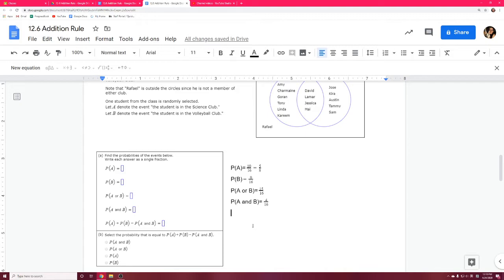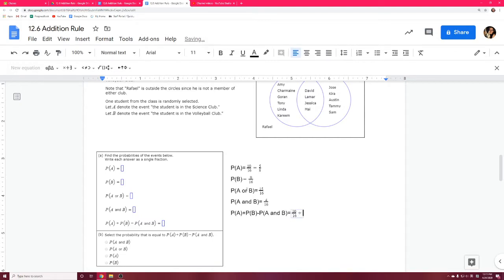Alright, and the next one, they ask you to find the probability of A plus the probability of B minus the probability of A and B. So for this one, you just need to add everything you found together. I will use fractions over 16 to make them have the same denominator. It's easier for you to calculate.